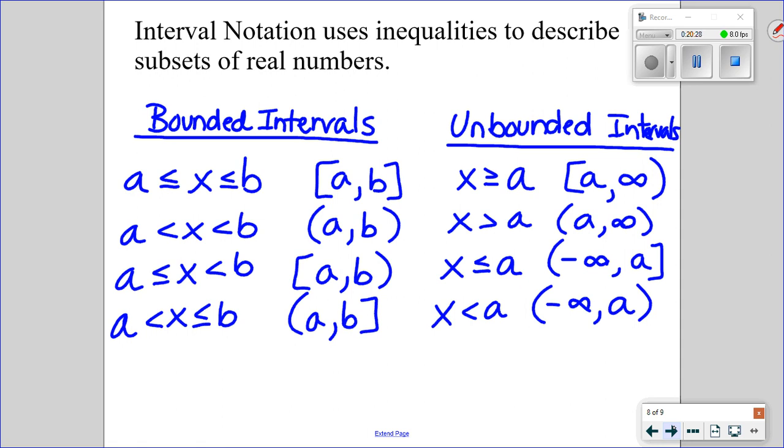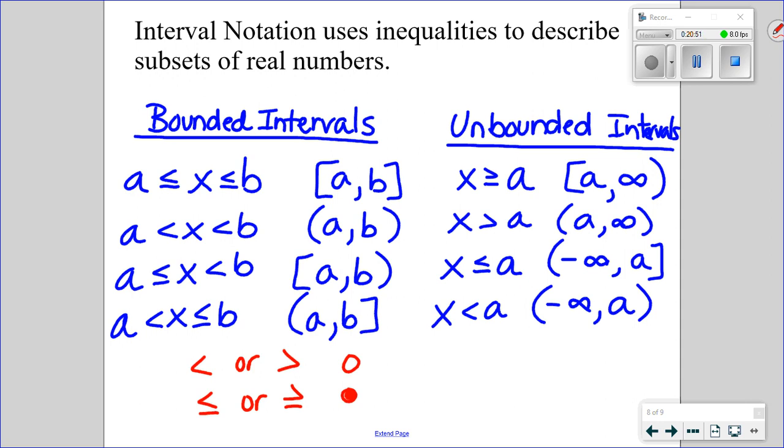And you might recall that if the inequality sign is, let's say, less than or greater than, you would use an open circle on the number line. And if the inequality is less than or equal to or greater than or equal to, you would use a closed circle on the number line.